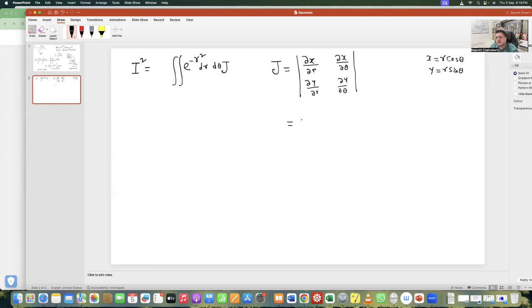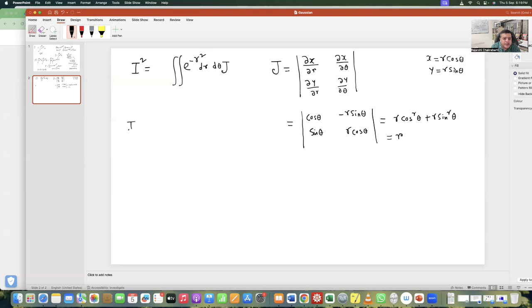I can do this differentiation very easily. This one is nothing but cos theta. This one is minus r sin theta. This is sin theta, and this is r cos theta. So if you compute this Jacobian, it is going to be r cos square theta plus r sin square theta. This minus sign is there, so it's a plus. So essentially, this is nothing but r.